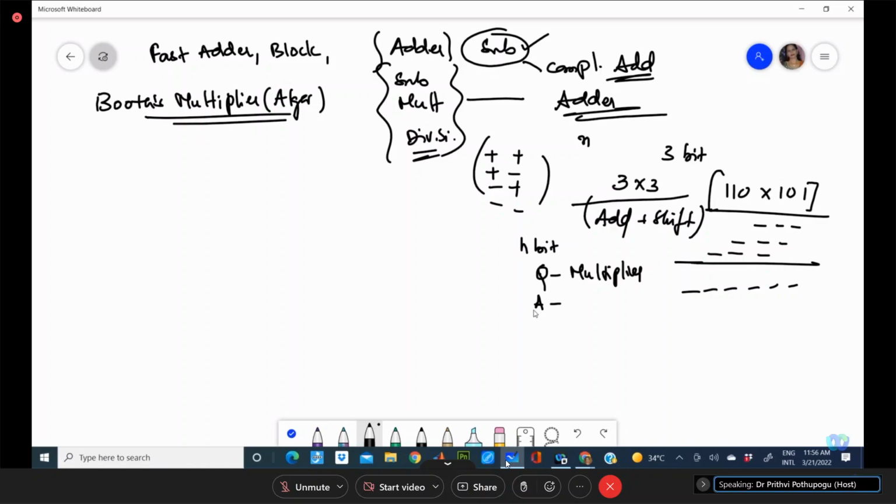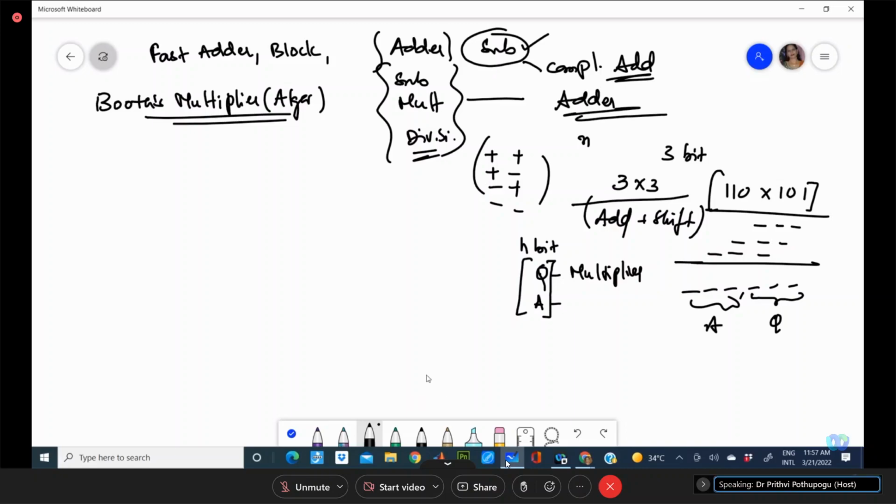So n bits means n plus n: one portion of that will be Q, and one portion will be the accumulator. These are the two registers we are using. Q is the multiplier, and A is the accumulator, which gives you the complete result when you take them together.